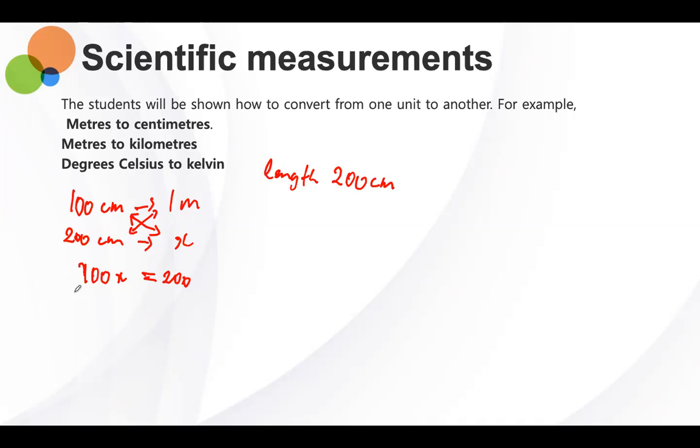These would cancel, leaving us with X equal to 200 over 100. Now, what is the final value of this?